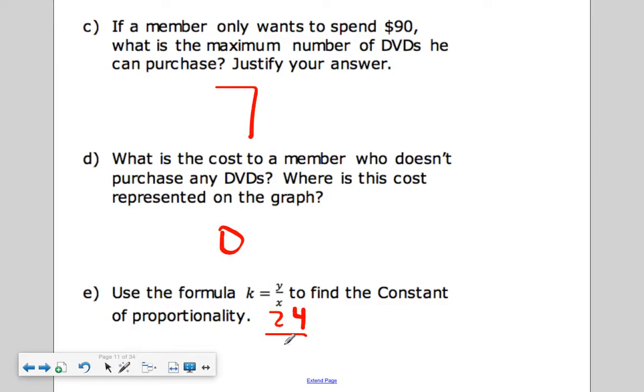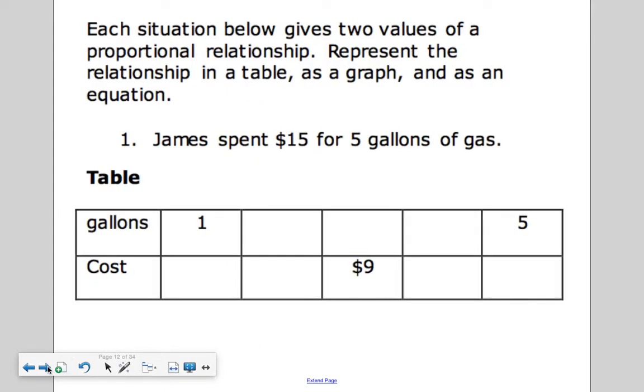The number of DVDs is x. So if you divide, you get 12, that's the constant of proportionality. That means it's a constant ratio between these two quantities. That means if you know the number of DVDs and you multiply by 12, you will always find its cost. So let's look at some more examples.